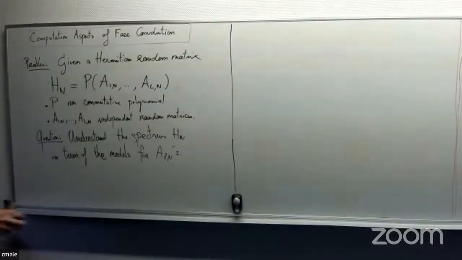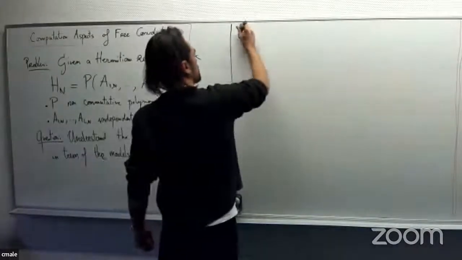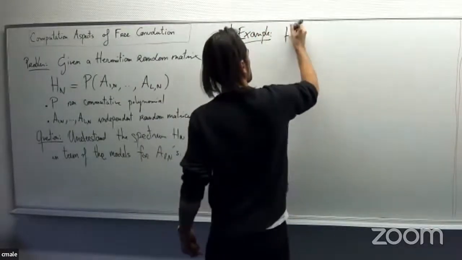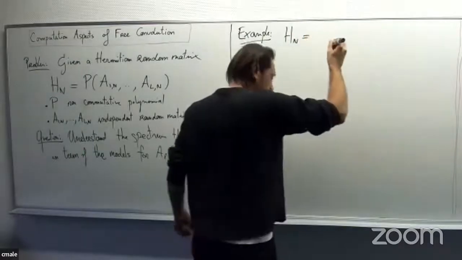And so, of course, the first example that we can have in mind is the example of a sum of two matrices.